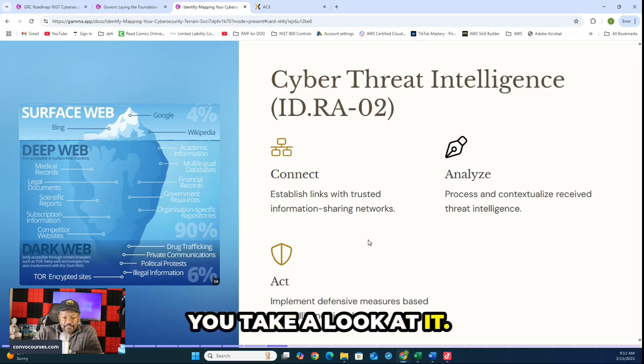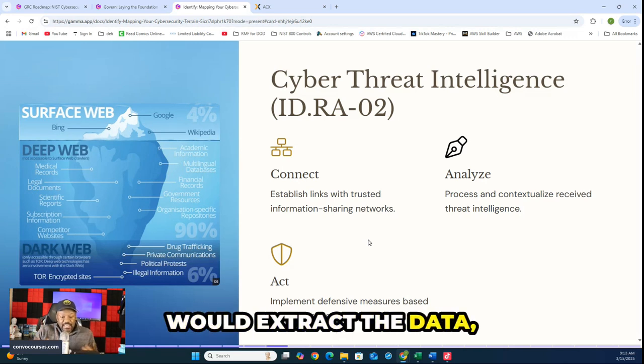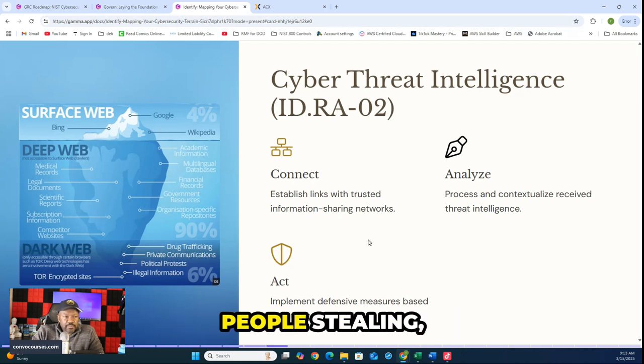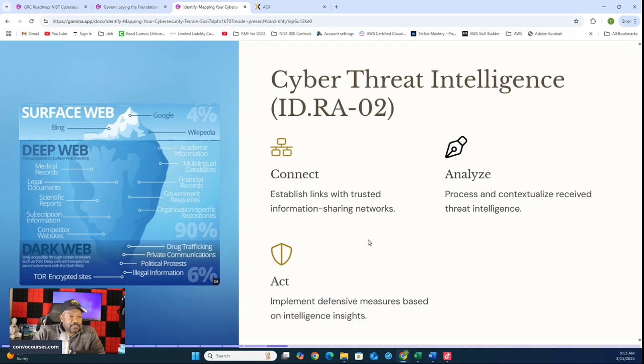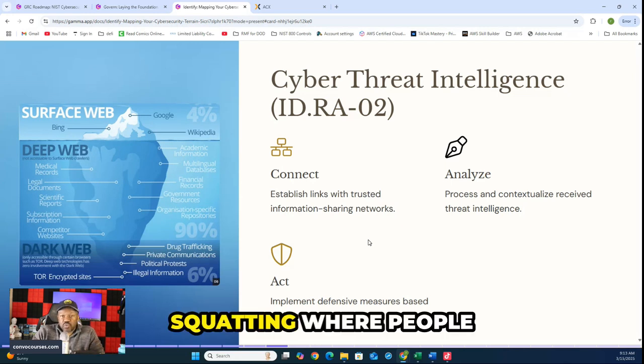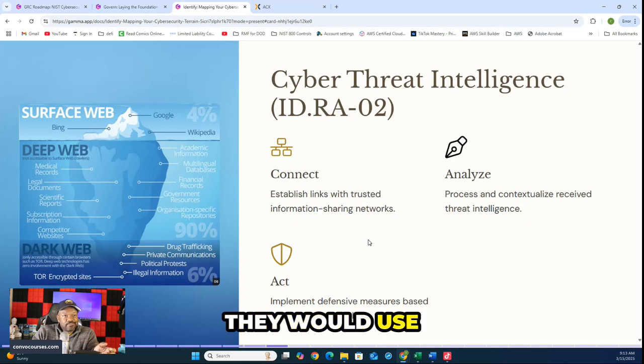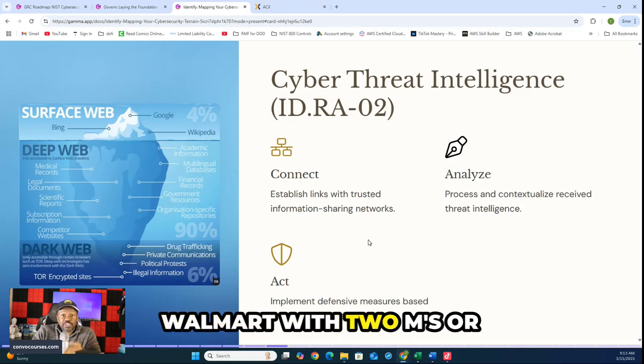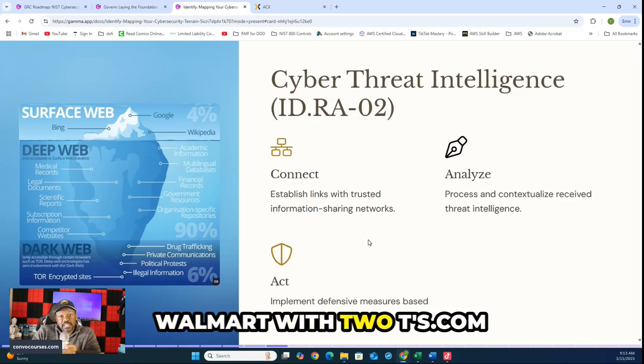We had a tool that would extract the data of what was being said on the dark web. On the dark web, you would see things like people stealing a bunch of credentials and then selling them. Some of it's not real, some of it's real. And then you have things like typosquatting, where instead of spelling Walmart.com correctly, people would use Walmart with two M's or two T's.com.